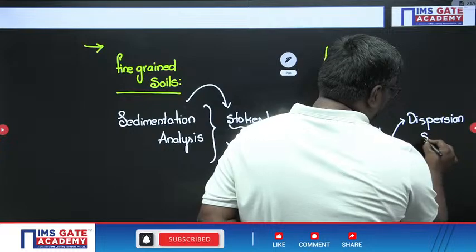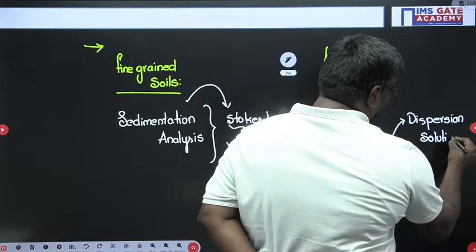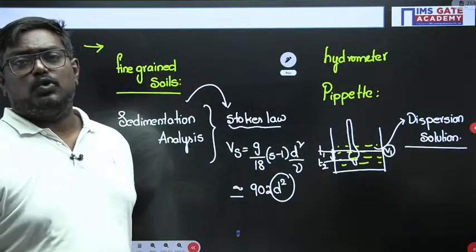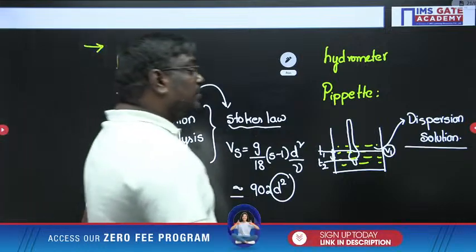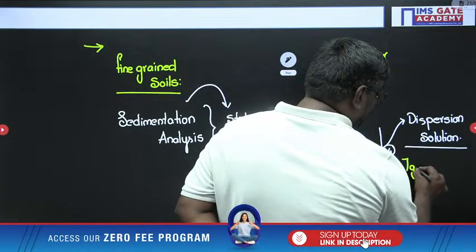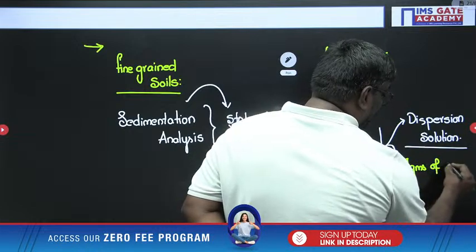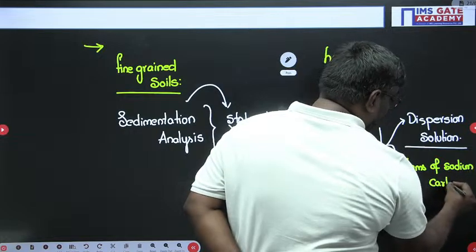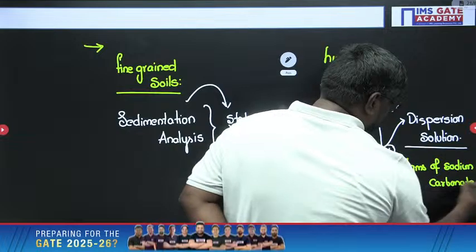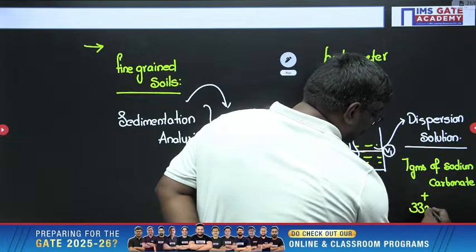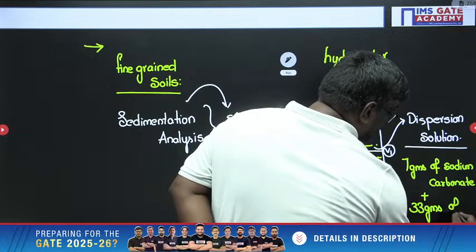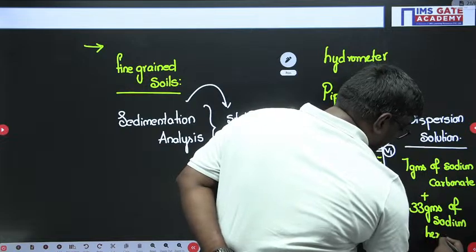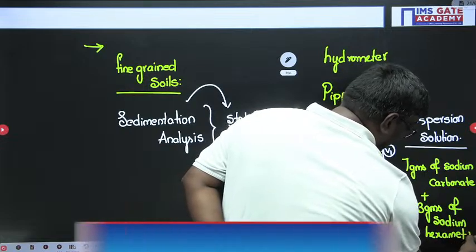A dispersion solution contains 7 grams of sodium carbonate plus 33 grams of sodium hexametaphosphate in 1 liter of solution.